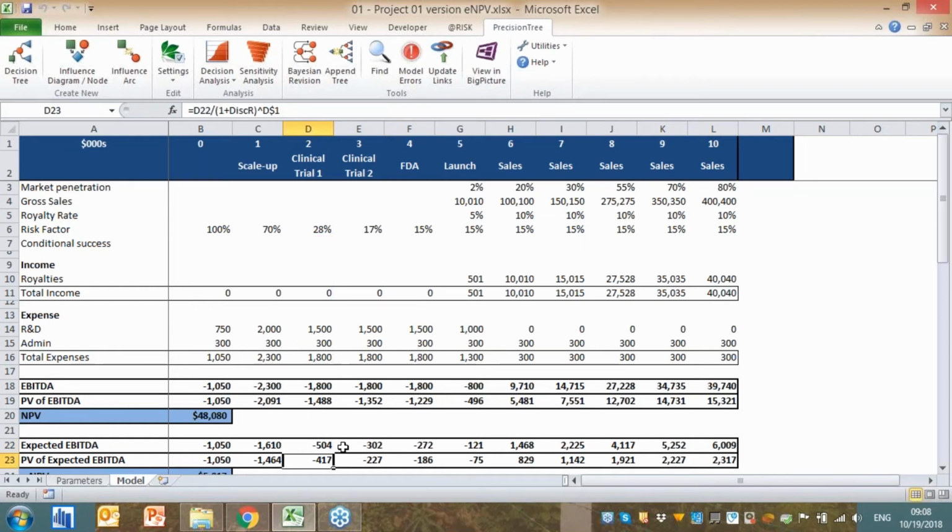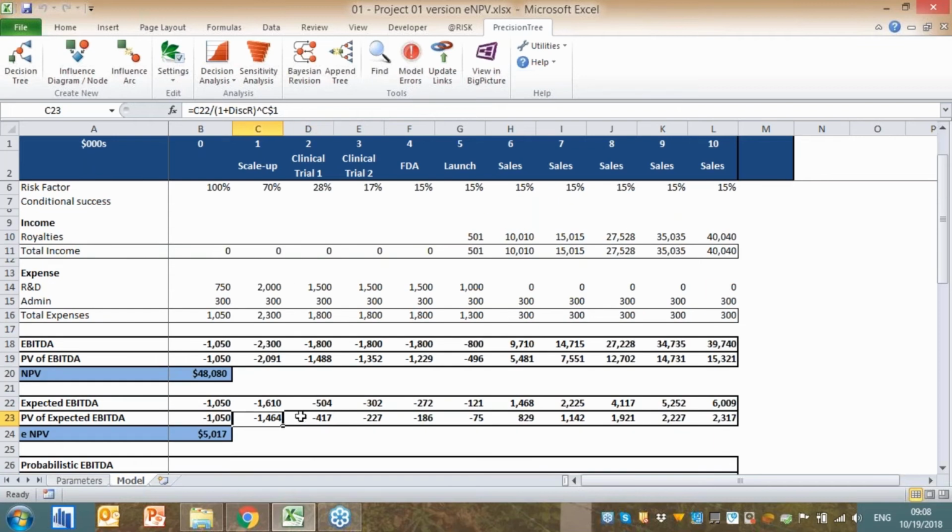Therefore, our discounted, shaved-off, expected or risk-adjusted NPV or cash flow for that period is going to be this one. So this is what we discount. And at the end of the day, when we discount them at the same expected rate of 10%, we come up with an expected NPV of approximately $5 million. This is risk-adjusted or expected NPV.